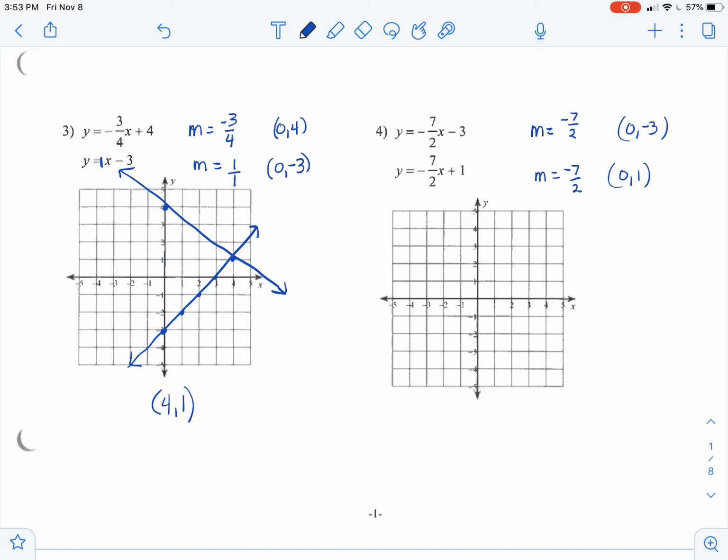So (0, -3), slope of -7/2. Now again, remember if it's -7/2 and I can't do that, then I just put the negative on the other one. So this would mean up and left. I'm going to go up 7 and left 2, and there's my graph.